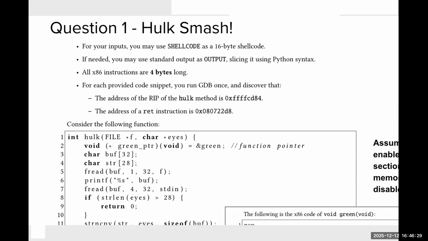And then we printf the buffer using a string formatter. And then we fread into buffer from standard input. And then there's a length check on the eyes character pointer input. And then there's a strcpy function that copies from eyes into str.